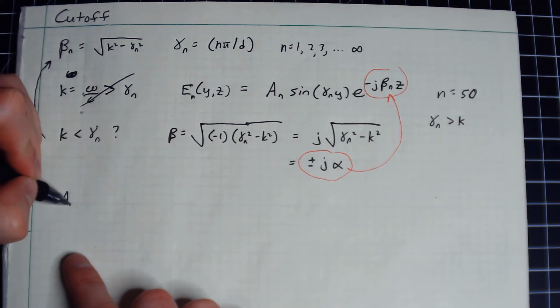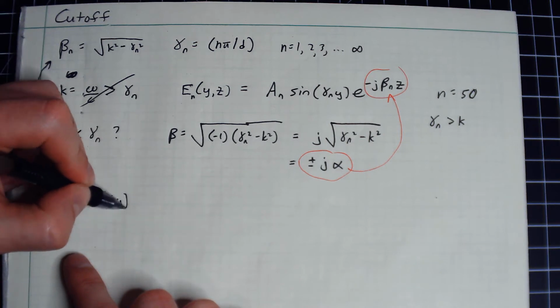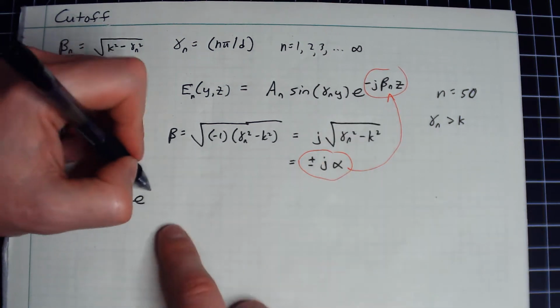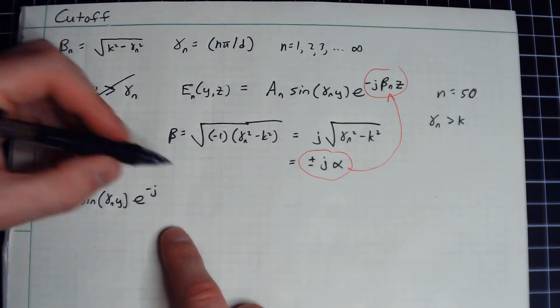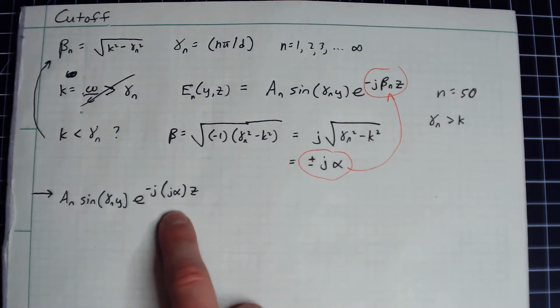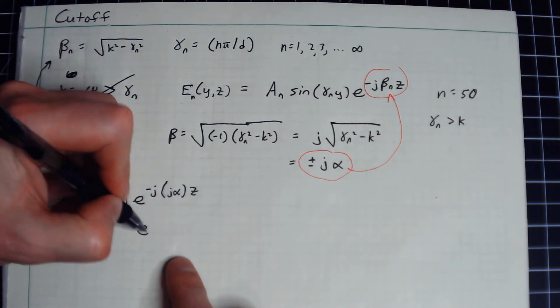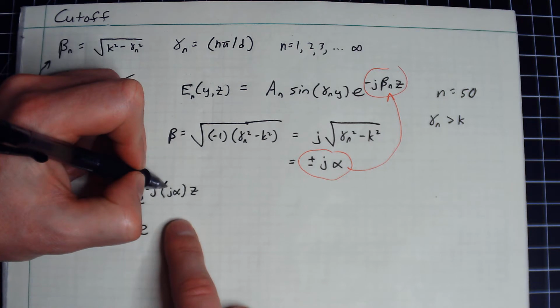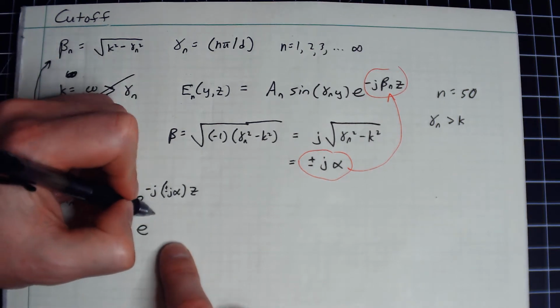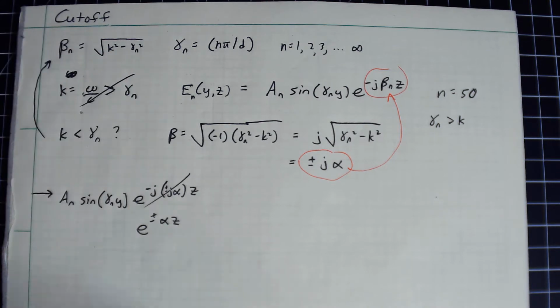I'm going to get an a sub n sine of gamma sub n y e to the minus j, and now I'm going to suddenly get a j alpha z, like so. So these j's are going to basically kill each other, and I'm just going to get an e to the, and remember this is still plus or minus, right? So I'm going to get e to the plus or minus alpha z here in place of that exponential.